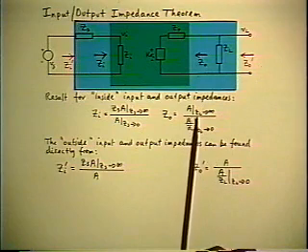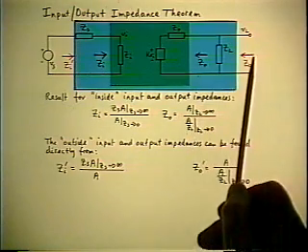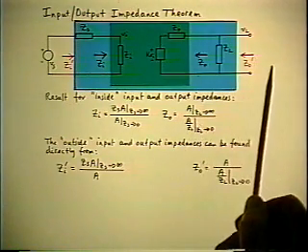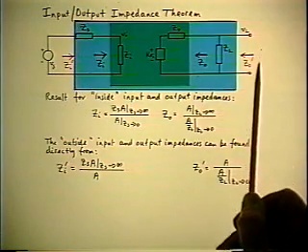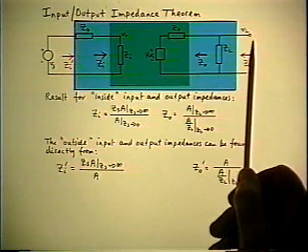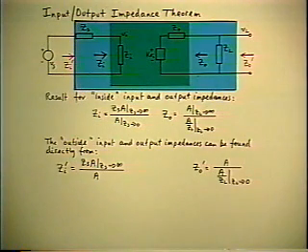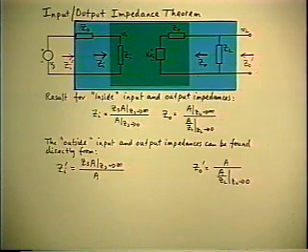And remember, all that the original formula for the output impedance says is output impedance is equal to the open circuit voltage divided by the short circuit current for the same input. What is the open circuit voltage of the blue box? VL. It's already open circuit because it doesn't have any external load.